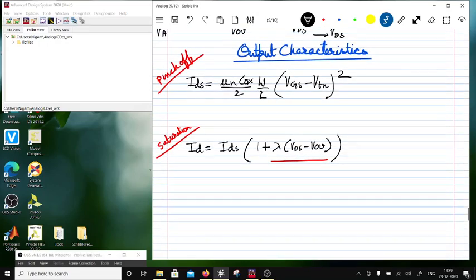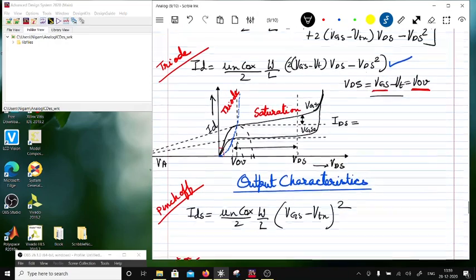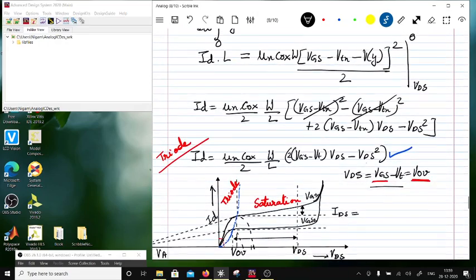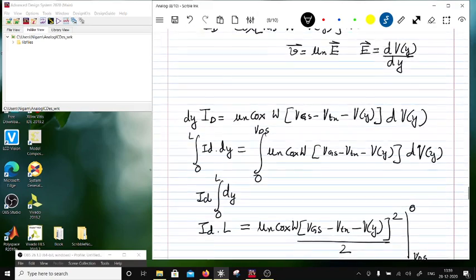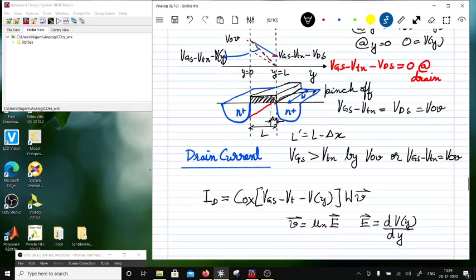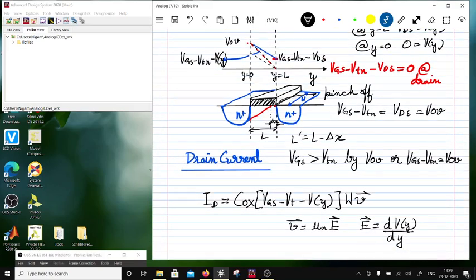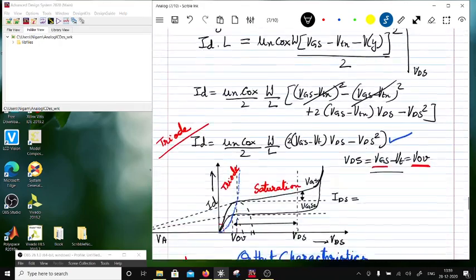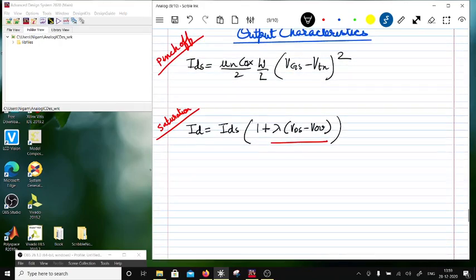Now, if for example the length was large, then delta x compared to L is a small percentage. So you would see that as L increases, the slope will reduce.